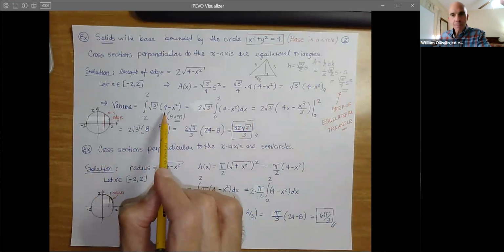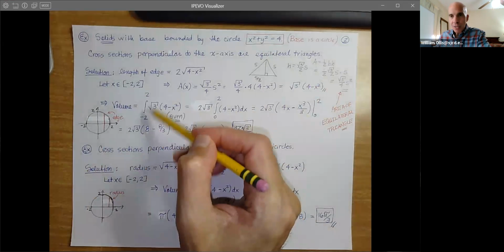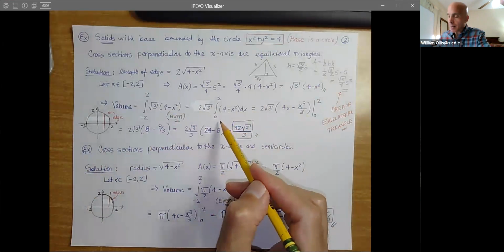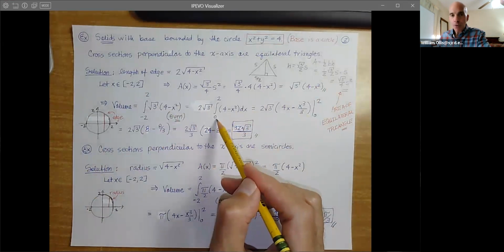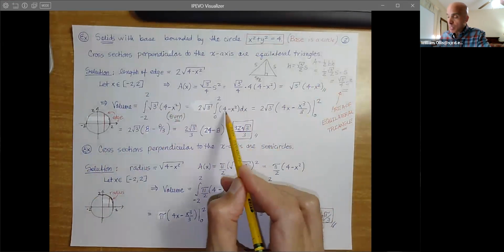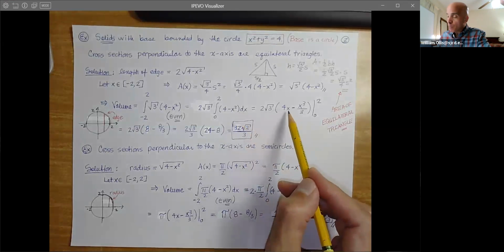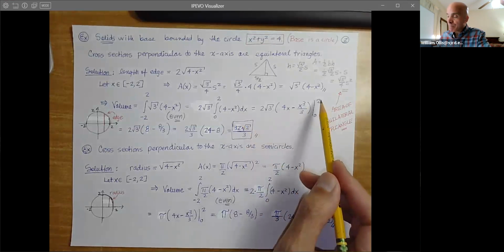And now notice, our friend, we have a nice even function on a symmetric interval, so we can use our symmetry result, which we used often in the last lecture. So now we can double the result and integrate this even function from 0 to 2. And now, of course, very simple antiderivative, 4x minus x cubed over 3, integrated from 0 to 2.